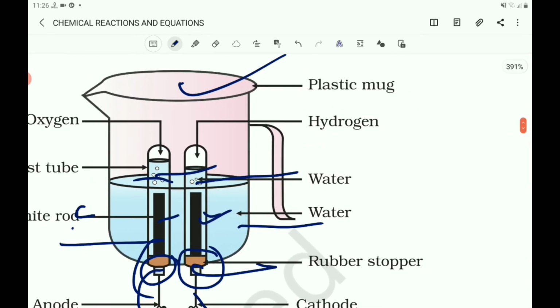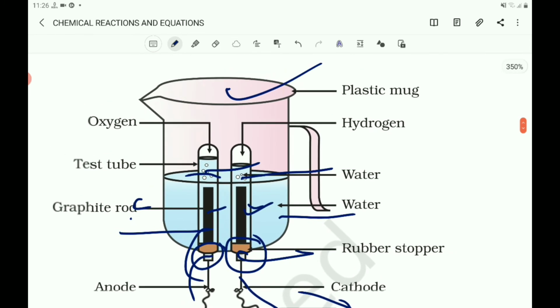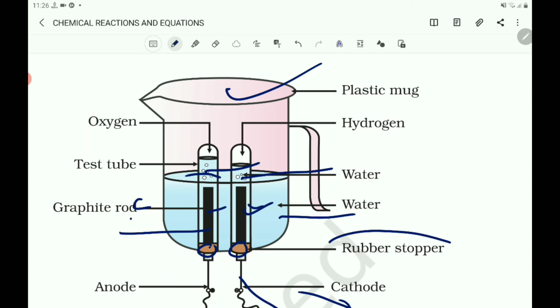Now here, how can you do the activity? Take a plastic mug and drill holes at its base. 2 holes you have to drill, and fit rubber stoppers in these holes, as shown here.